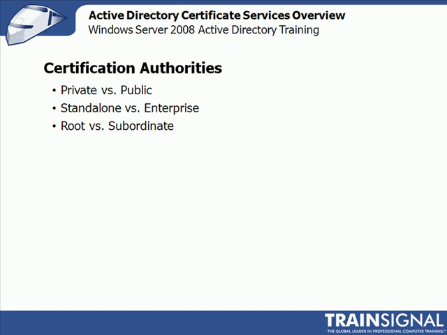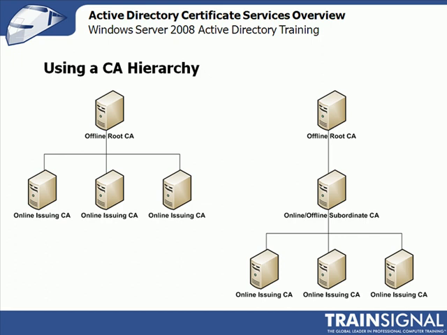So a root CA will have a self-signed certificate, and that is where you really come into the whole trust issue. Now let me go ahead and jump to the next screen here where we get into more details here on using a CA hierarchy so that this whole root versus subordinate might make a little bit more sense.